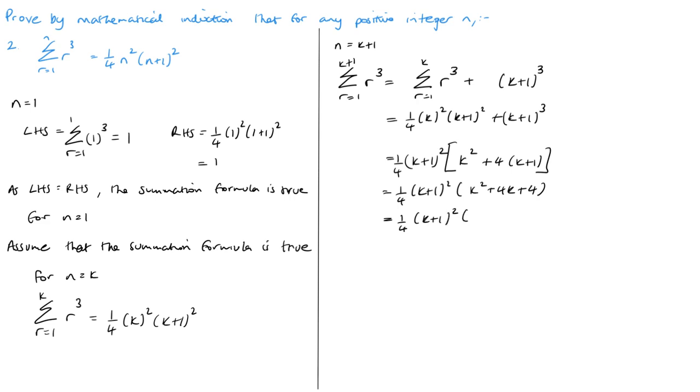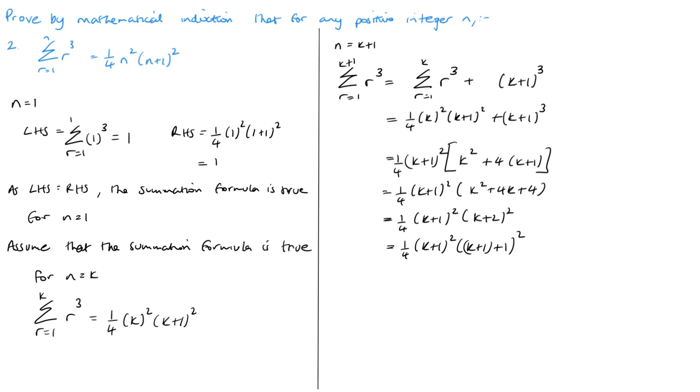Now this is going to be k plus 2 squared. K squared, 2k and 2k is 4k, and 2 times 2 is 4. Yeah. And then just to write it the way I like, and then it follows this pattern: n squared, n plus 1 all squared, k plus 1 squared, k plus 1 plus 1 squared, and then multiplied by the 1/4.